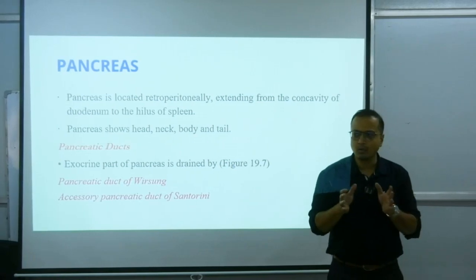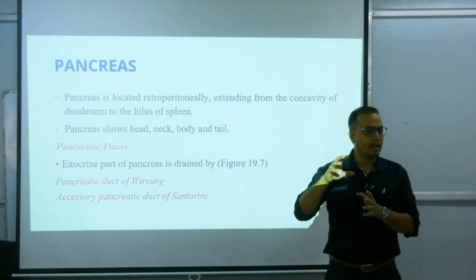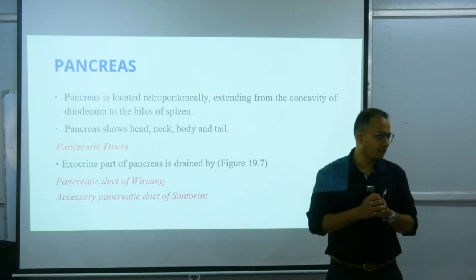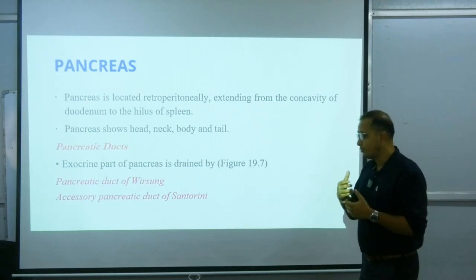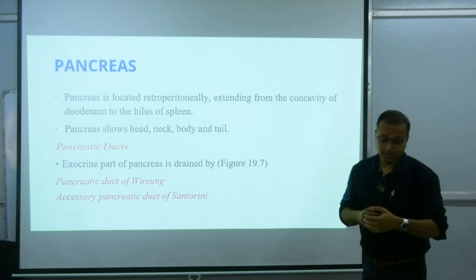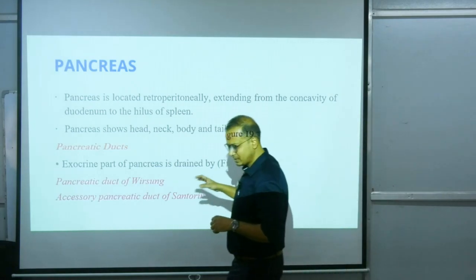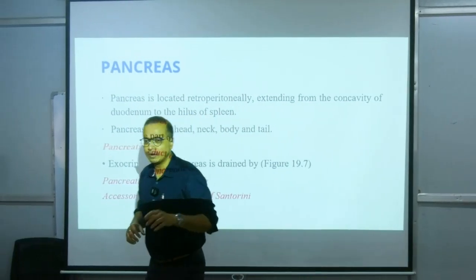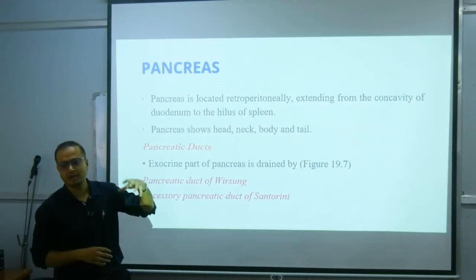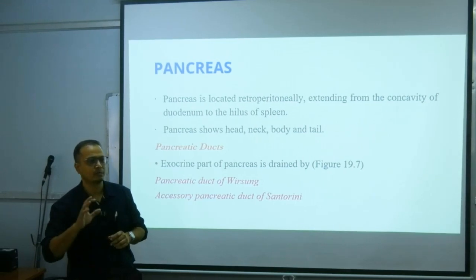Based on that, the acinar tissues could be serous acini or mucinous acini. The fluid coming from the pancreas, the pancreatic juice, is predominantly liquid or watery in nature.